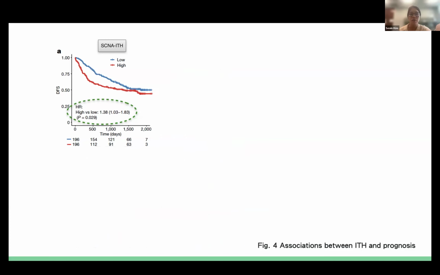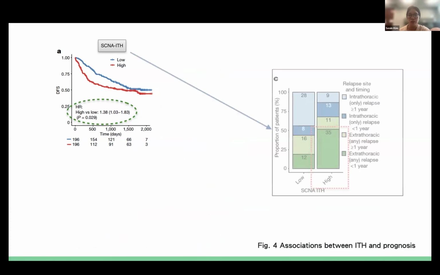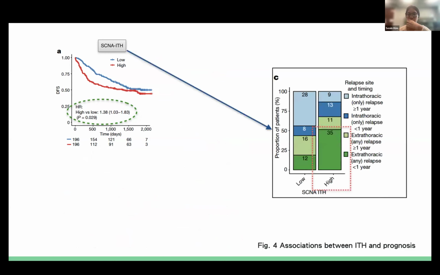And this SCNA, which is widely used, as Dr. Chae mentioned, had additional association. It was related with extrathoracic recurrence within 1 year after surgery. So specific patterns of recurrence were associated with this number of alterations.